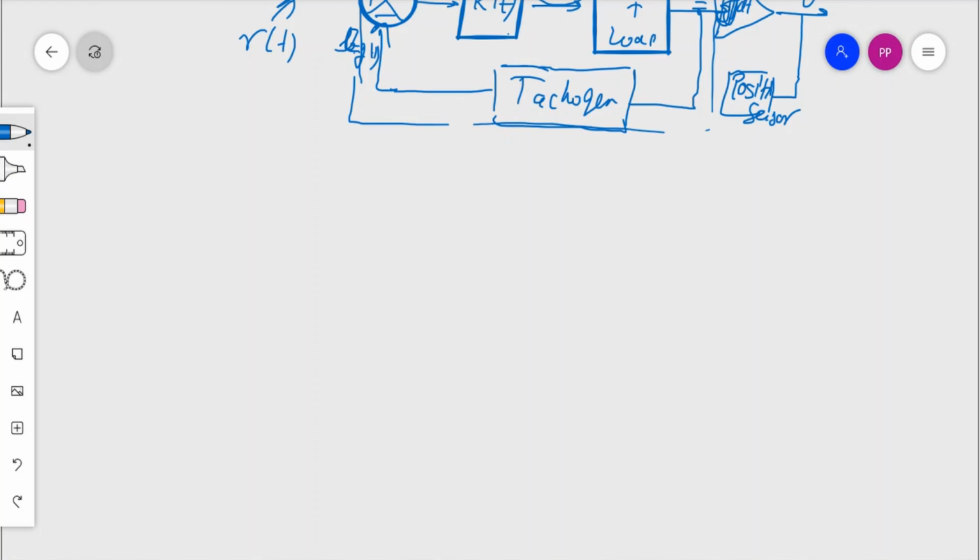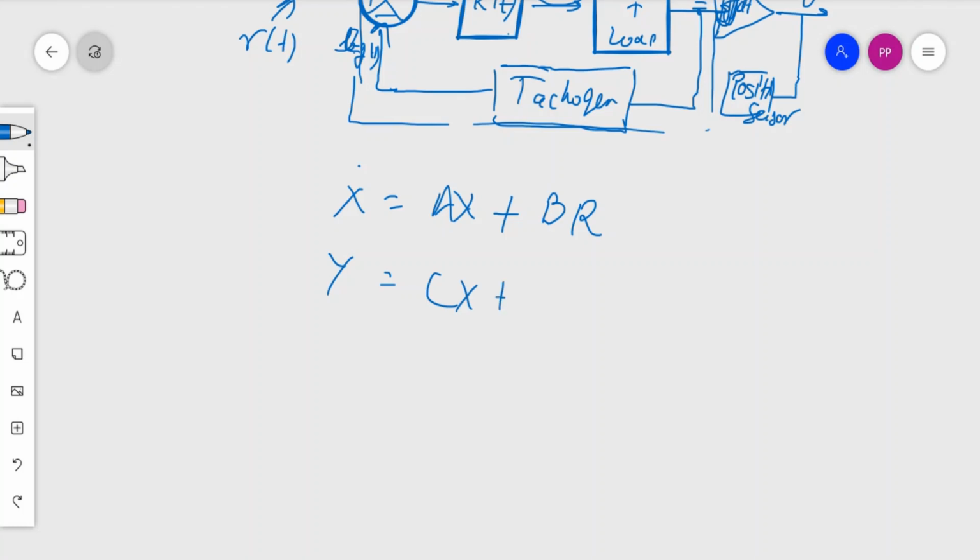So you have a system x dot equals Ax plus Bu, and y equals Cx plus Du, for a MIMO system. Suppose we have a system which has a single input and single output, just like the DC servo example we have considered.